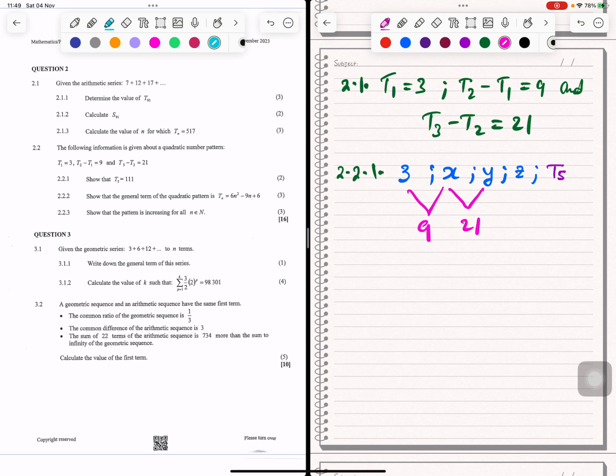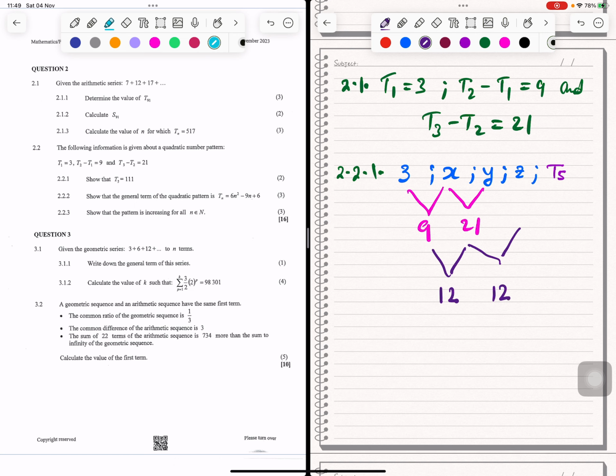But because this is a quadratic pattern, the second difference has to be common throughout. By that, I mean the difference between these is 12. Now, pay attention. It means that the difference between 21 and the term that comes after 21 is also 12.